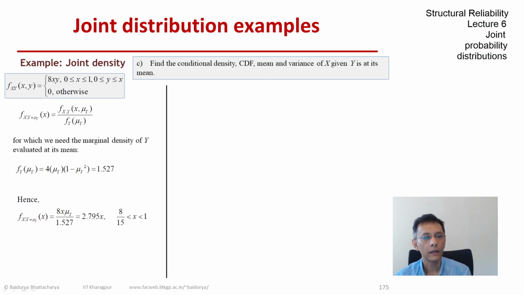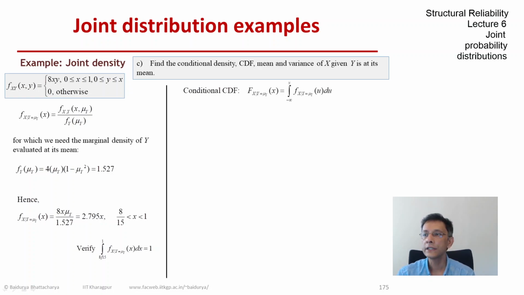So the answer is 2.795x. And now the limits of x, we have to be careful. The limits on x are 8/15 on the left and 1 on the right, because x can never be less than y. As I said, it's a good idea to verify that this integrates to 1, and if we do the integration, it does.